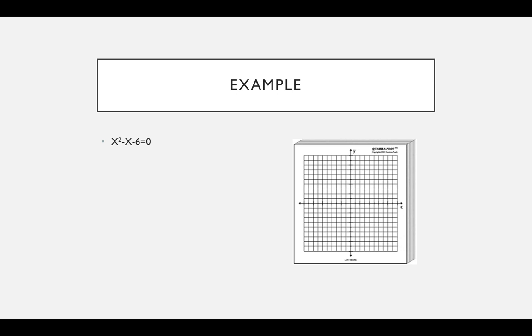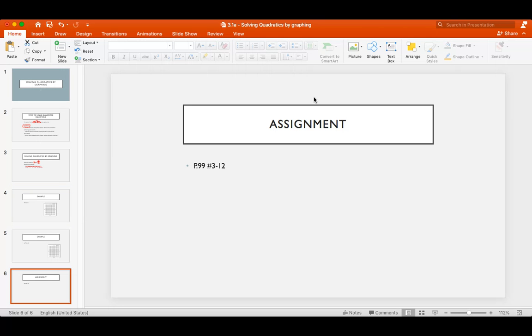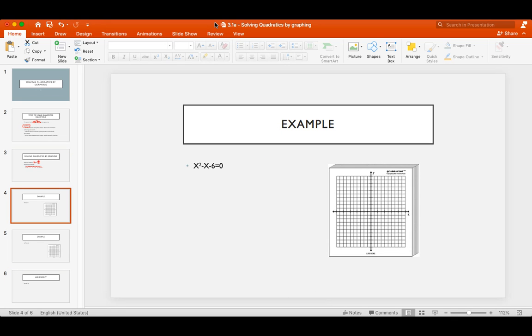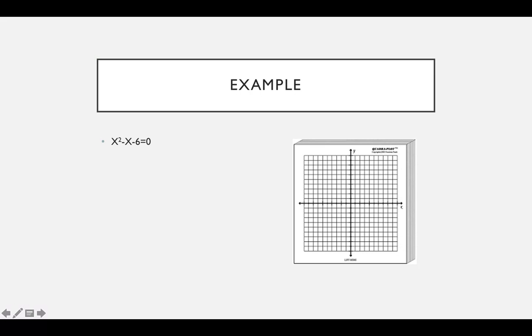So we're going to look at a couple examples. This first one here, x squared minus x minus 6. Okay, so x squared minus x minus 6, we can go ahead and graph this using the x-coordinate of the vertex, which is opposite of b over 2a.